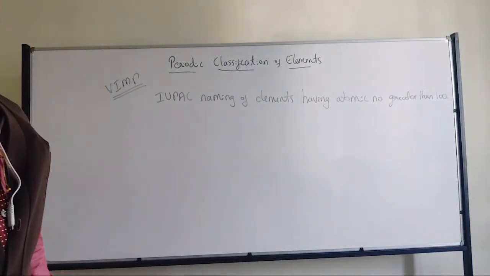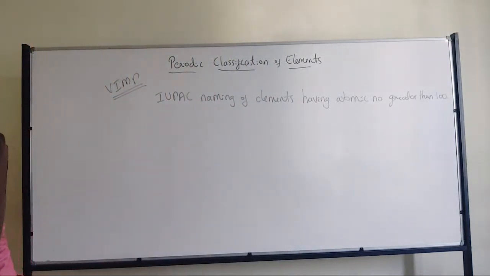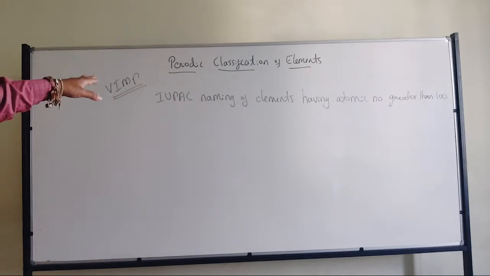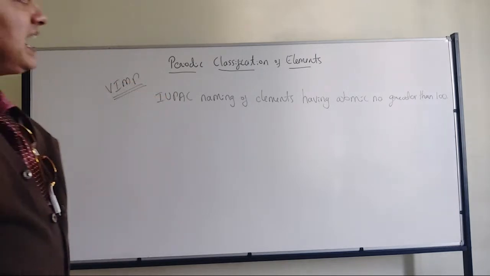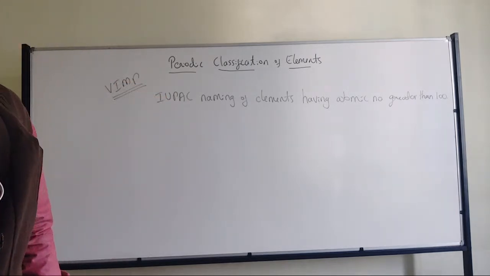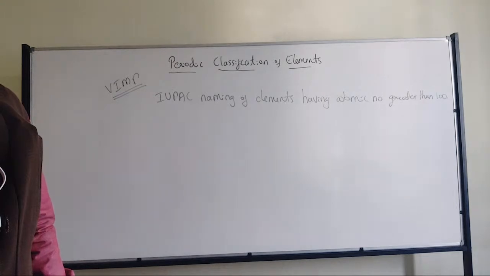So that's where we have the method to name the element. What is IUPAC? International Union of Pure and Applied Chemistry. That's where we have the IUPAC naming of elements having atomic number greater than 100.